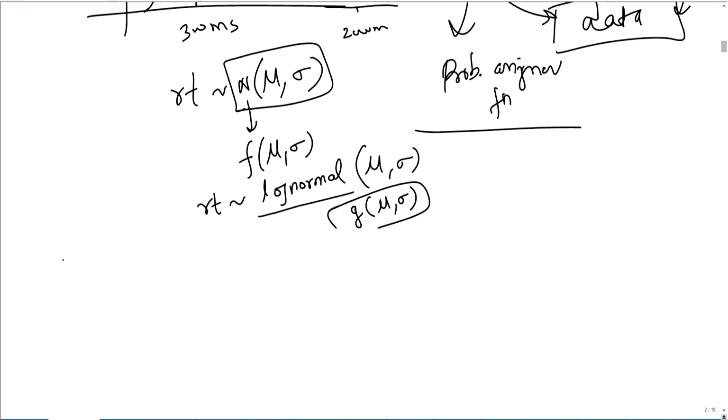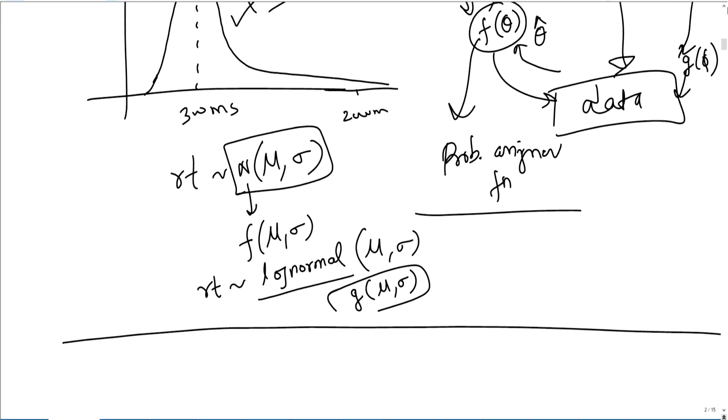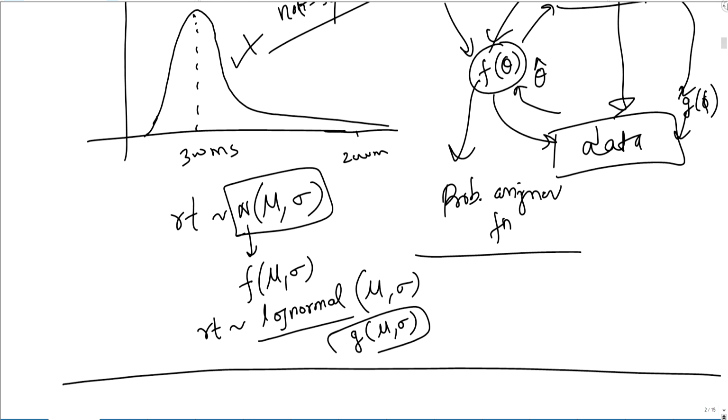That is our goal. In order to do all this, you might have gotten an idea that it requires you to understand these probability assigner functions, their properties, and what they really do.